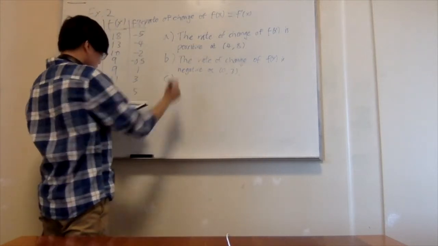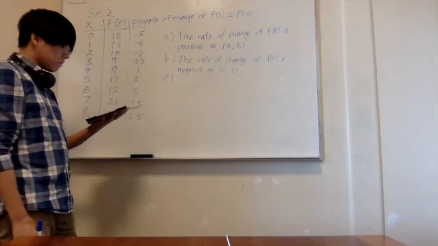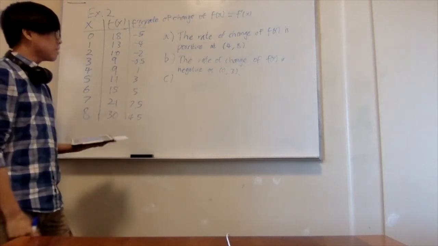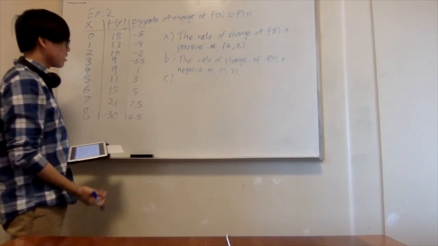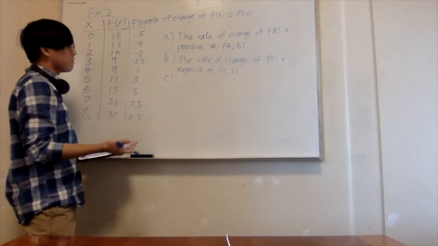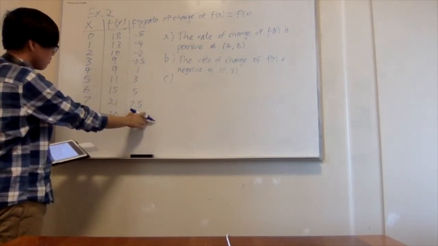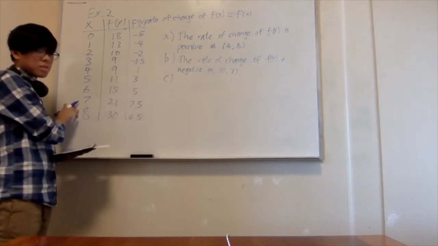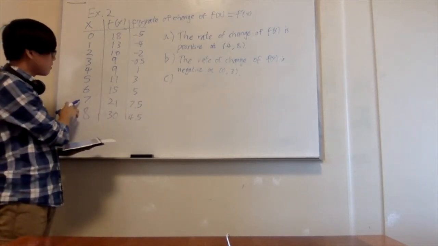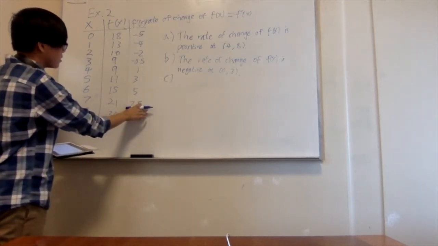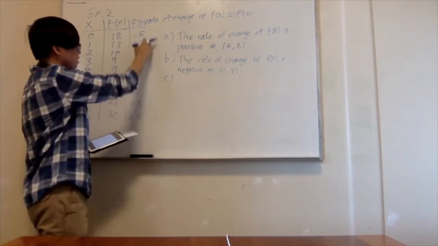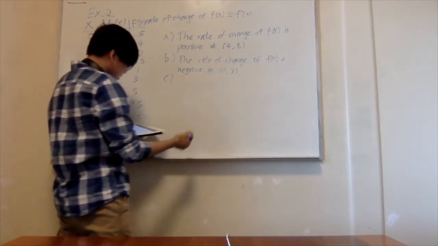For part C, where does the rate of change of f of x seem to be the greatest? What we're looking for is the greatest value for f prime of x. So we're looking through the derivatives, and we can see that at x equals 7, f prime of 7 is 7.5, and it's the greatest of the derivatives shown.